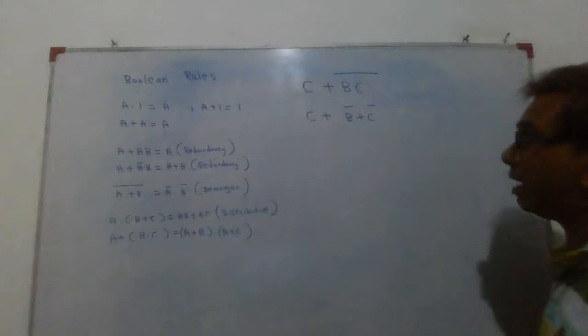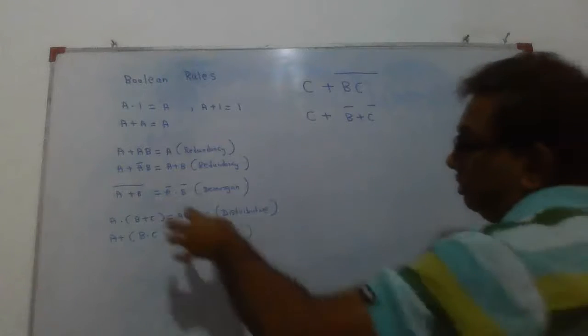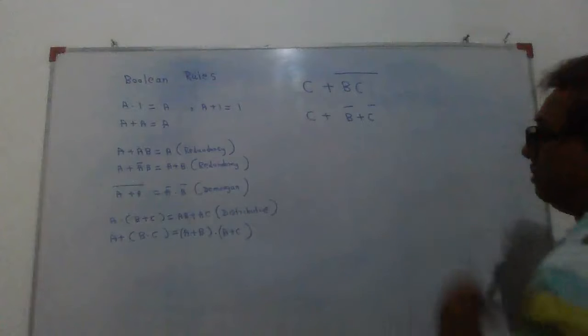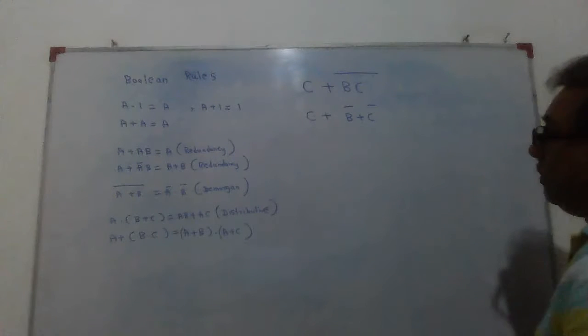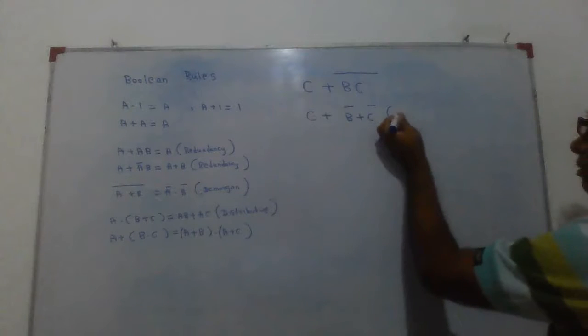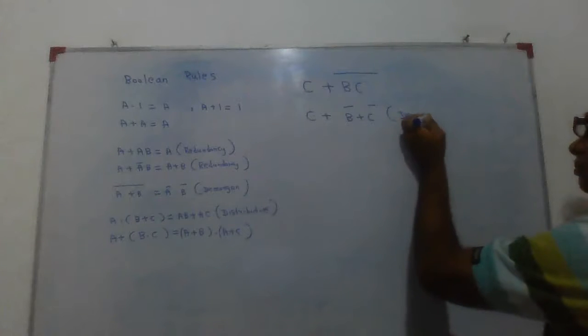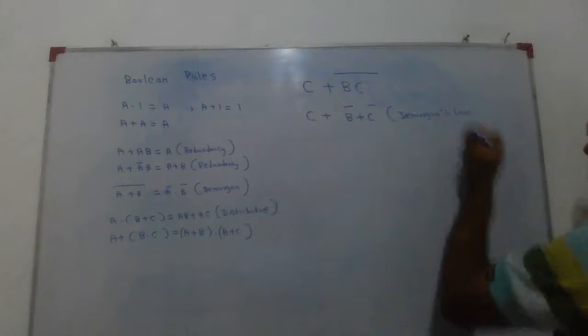Now here we use the second law, not the first one. The second law. So it says B bar or C bar. Now what we can do is write the law here as De Morgan's law.